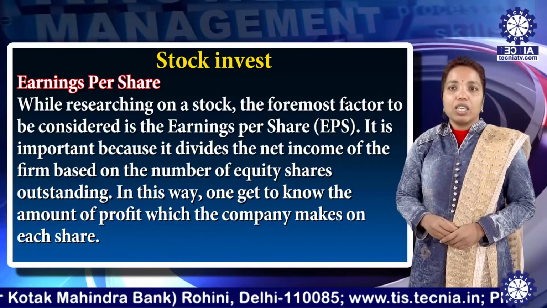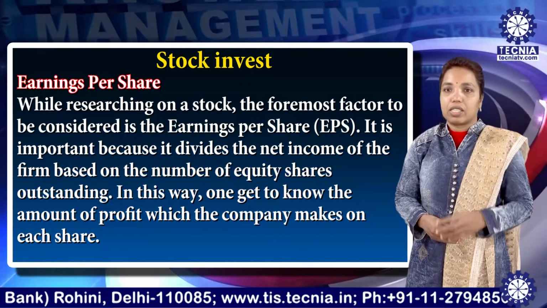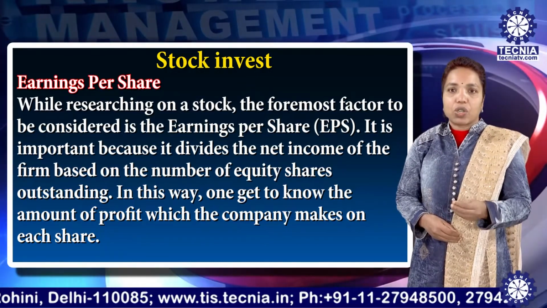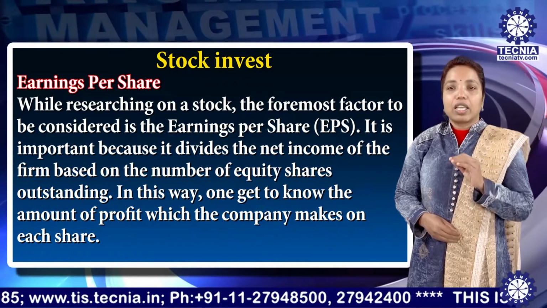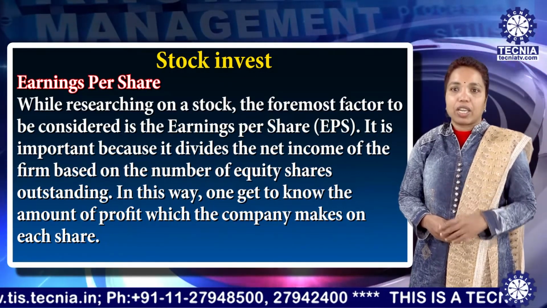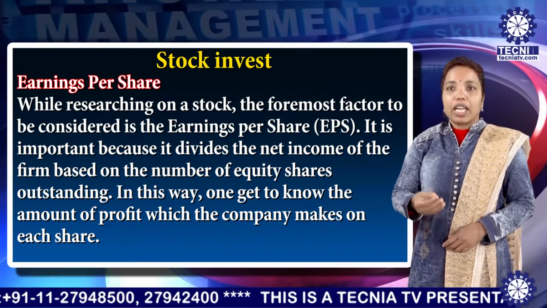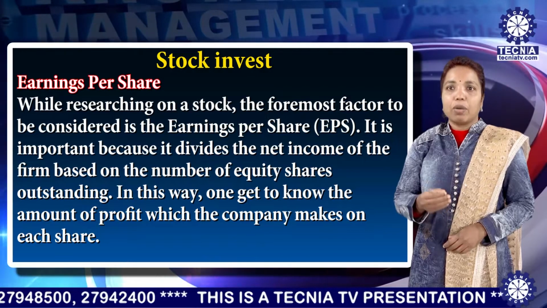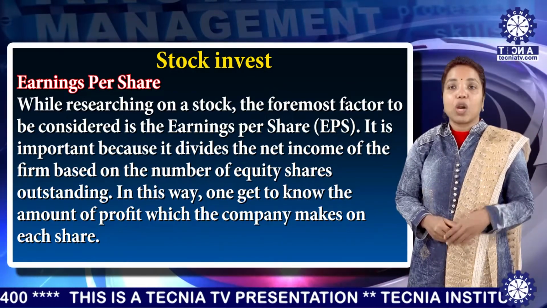First one is earnings per share, that is otherwise called EPS. While researching a stock, the foremost factor to be considered is the earnings per share. It is important because it divides the net income of the firm by the number of equity shares outstanding.